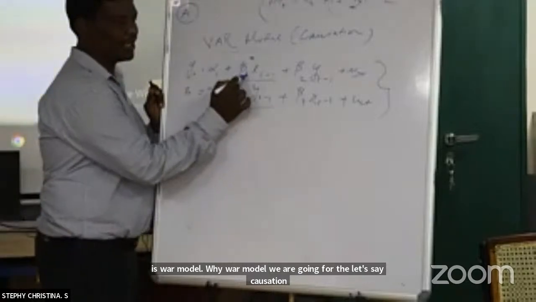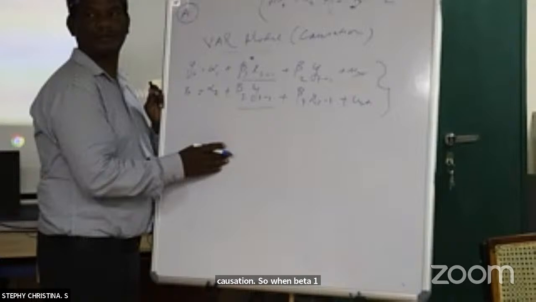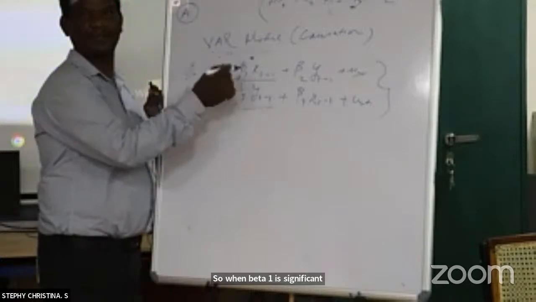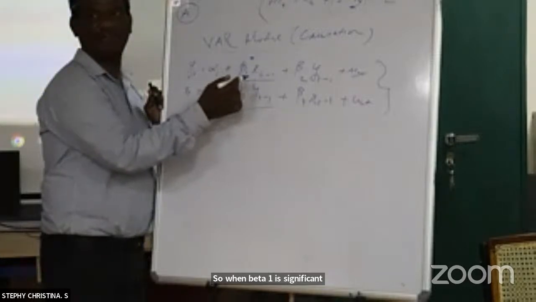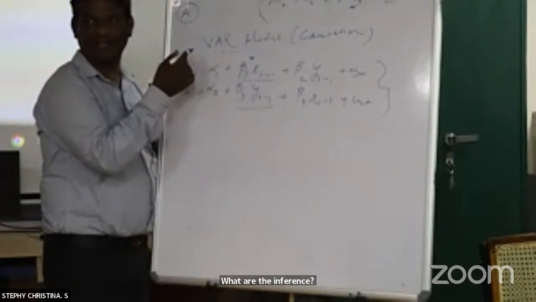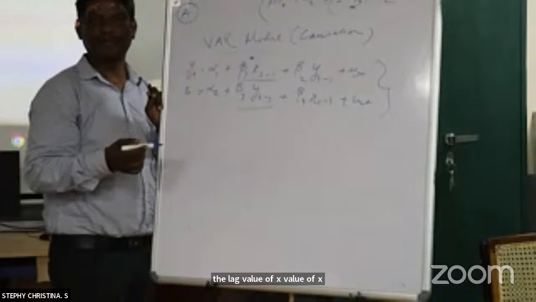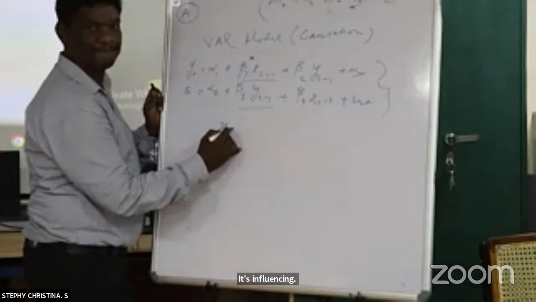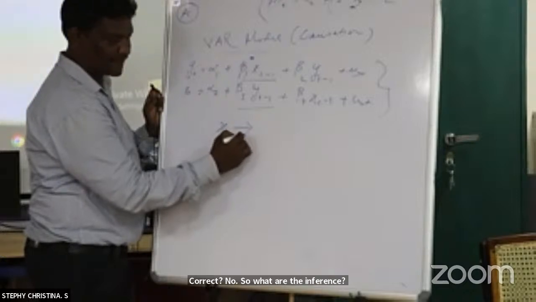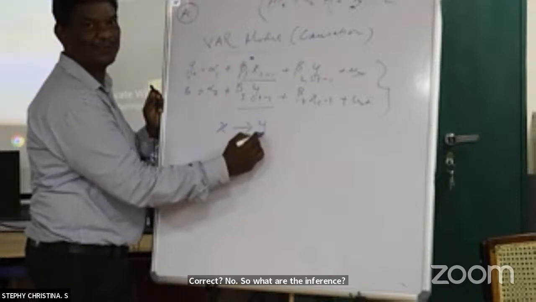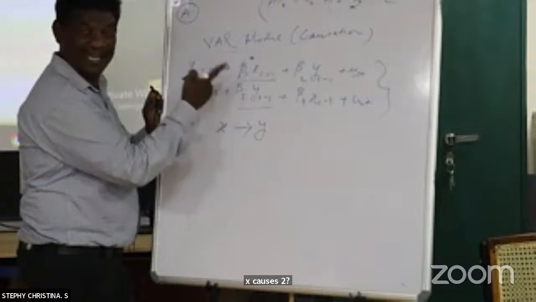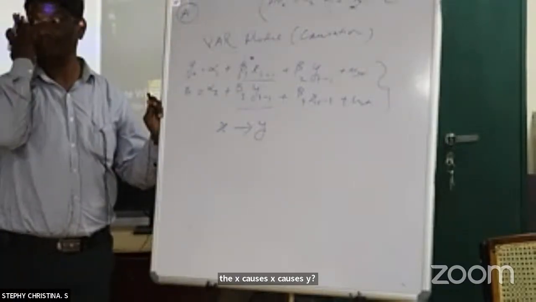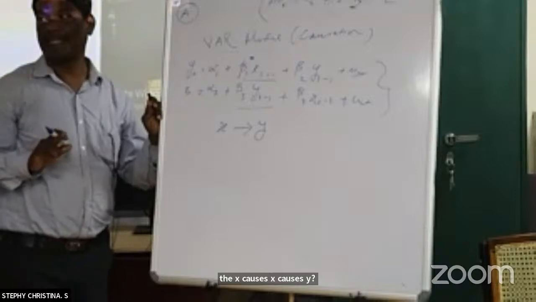So when beta 1 is significant, what is the inference? The lag value of x is influencing. Correct? So what is the inference? X causes y. Please remember, x causes y.